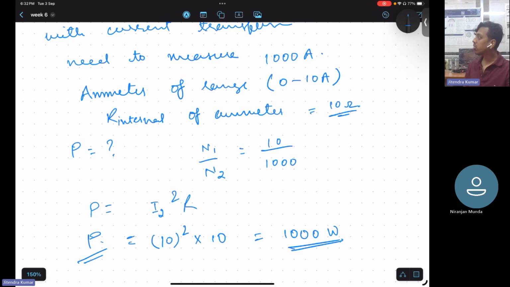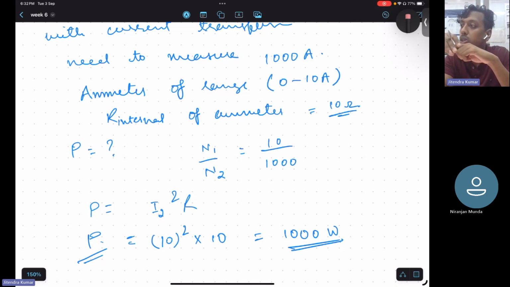So in an ammeter, the loss is significant as compared to a voltmeter. Here it is not very efficient.